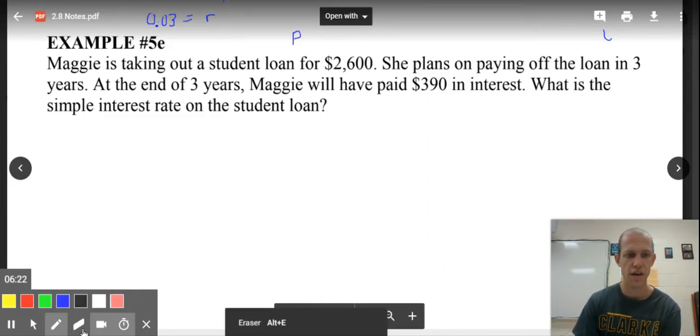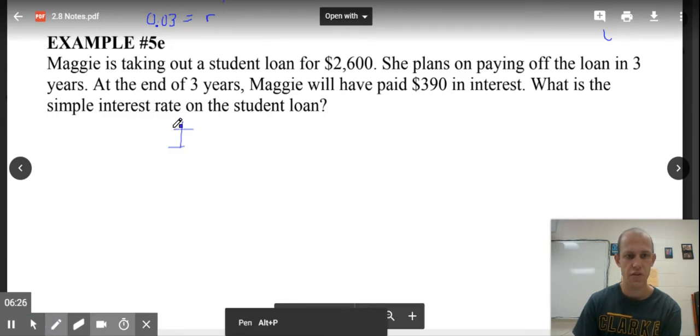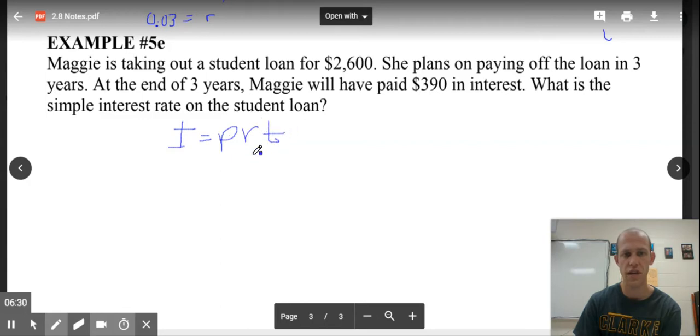So let's identify all the stuff that we know. So my equation, just writing it out completely blank, I need to find all these different letters. So the loan, that is the principal, so that's $2,600. The time looks like it's 3 years. And then the interest is $390.